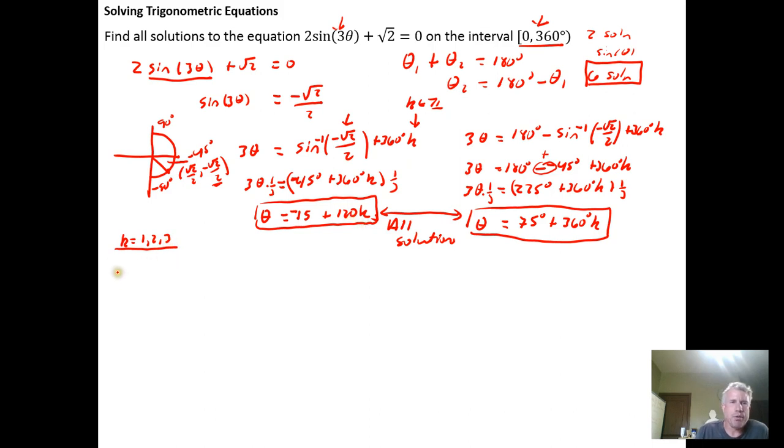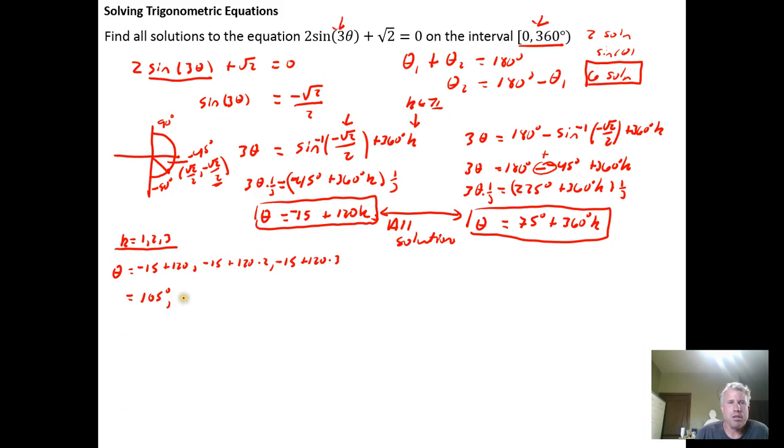So if we do that, we're going to get theta equal to negative 15 plus 120 times 1, negative 15 plus 120 times 2, and negative 15 plus 120 times 3. And then we can simplify these. Negative 15 plus 120 is 105 degrees.